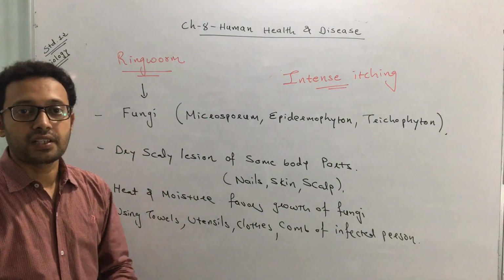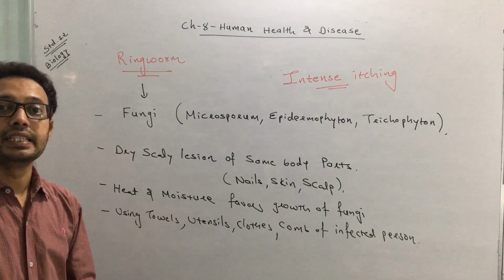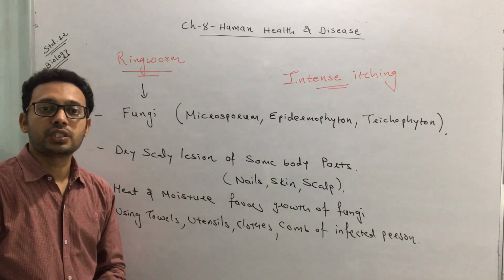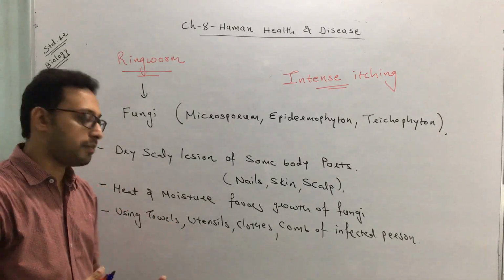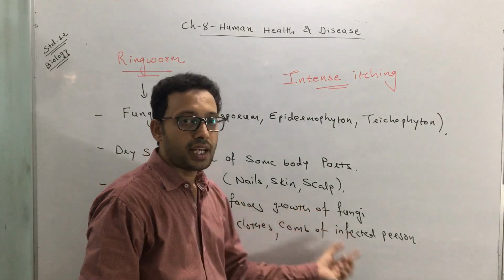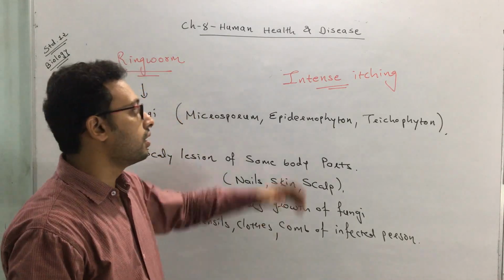So these are the usual locations where this fungi can easily grow. It also spreads by using the things of the infected person, like towels, utensils, clothes and the comb of the infected person. This spreads the disease.